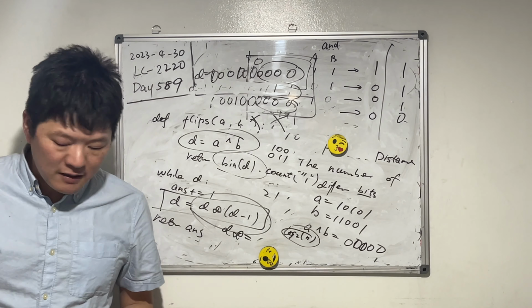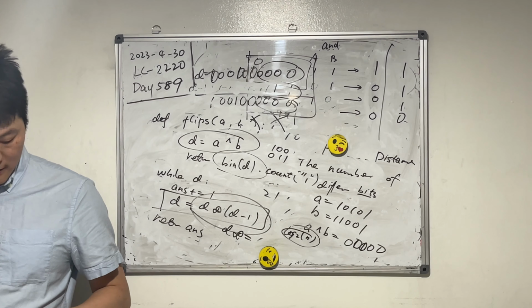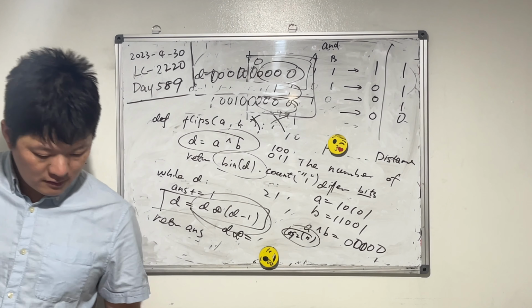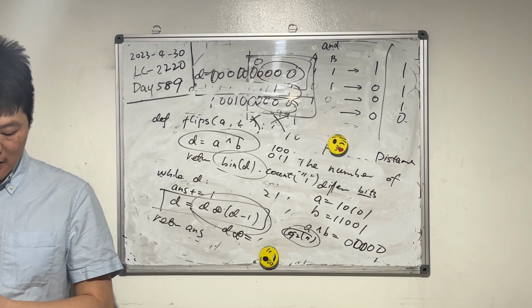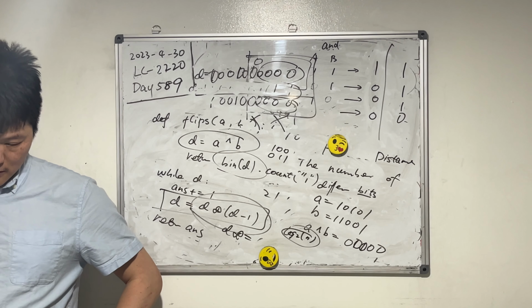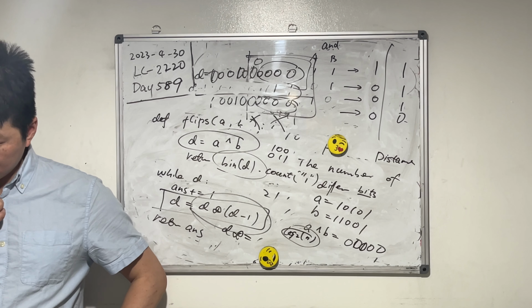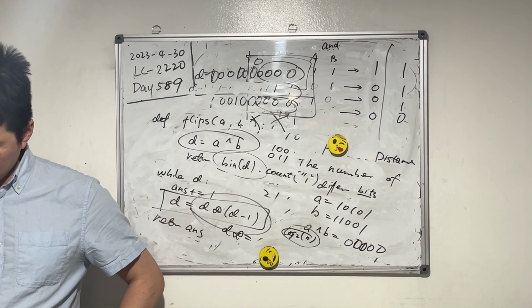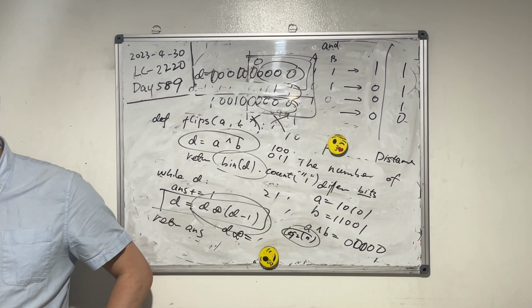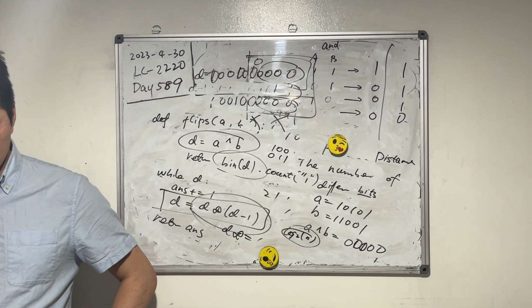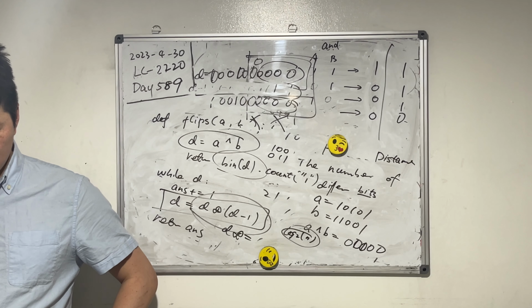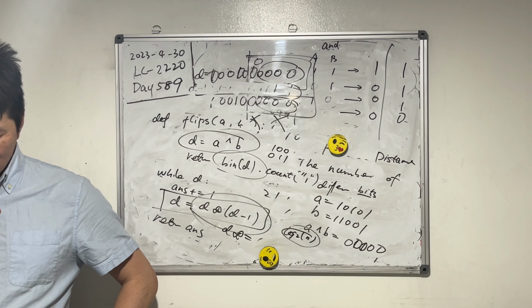Okay, what have you learned today? We learned about binary and the Hamming distance. What's the Hamming distance? Where two binary numbers have the same bits we leave them alone, but if they're different, then the number of differing bits is the Hamming distance.